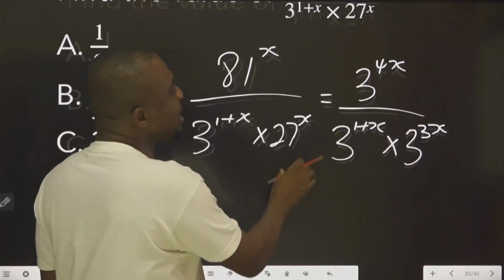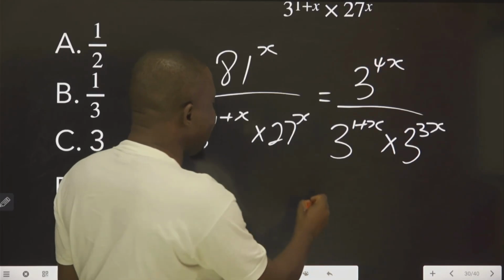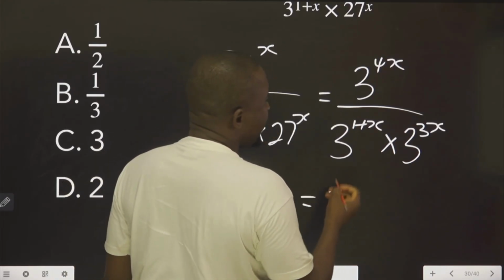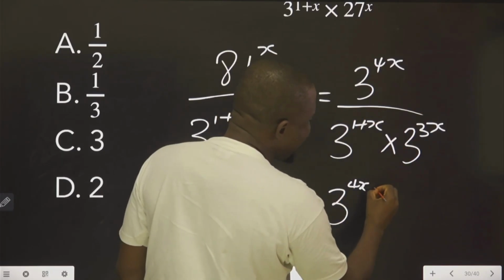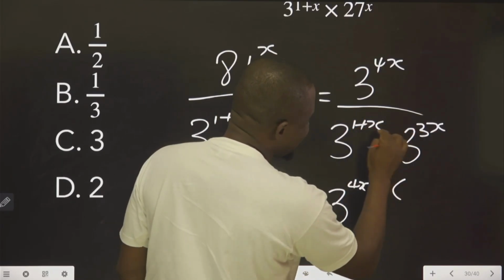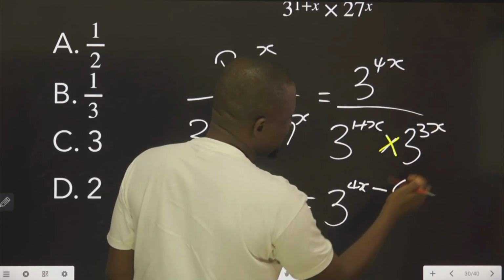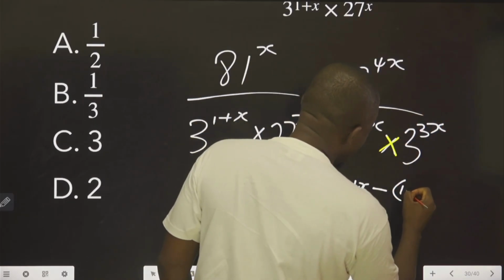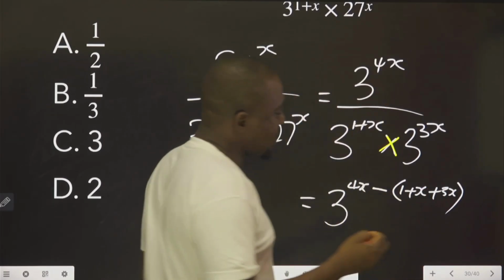As you can see in this place, they all have base 3. We take one of the base. We put this first. Because of this division, we say minus whatever is coming from here. This and this, we are going to add them together because this is times, so it is this plus this. So this plus this will be inside this bracket. Okay? You understand?